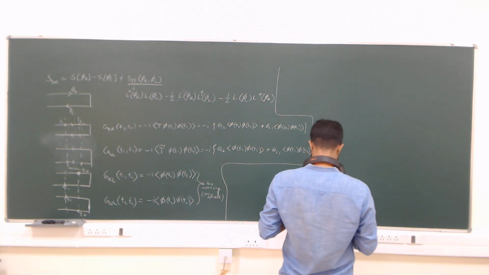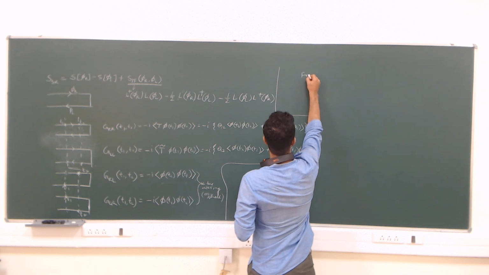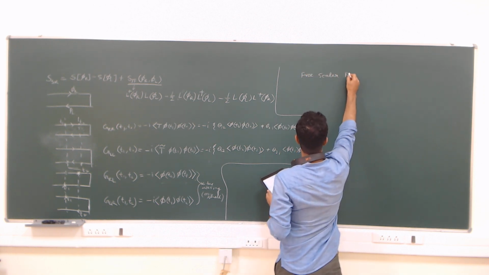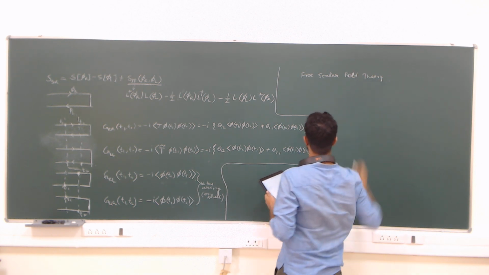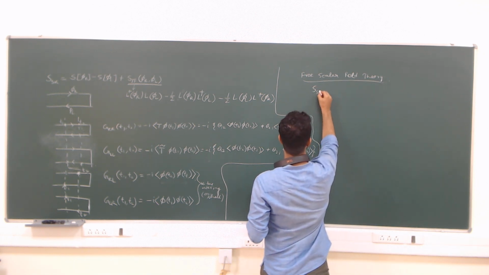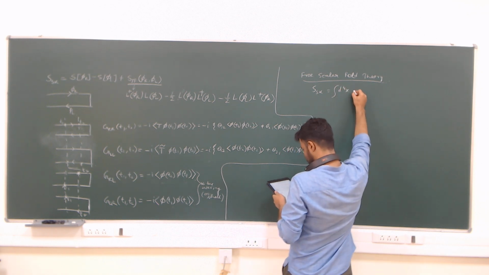So, say for a scalar field theory, position space will be this.